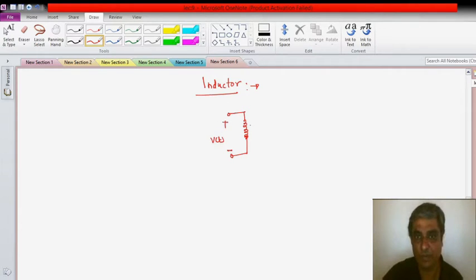So what will happen with L? Current will flow in it and the polarities will be something like this. This will be my convention from now onwards, or I can draw it this way also. In this direction my I of t will flow.